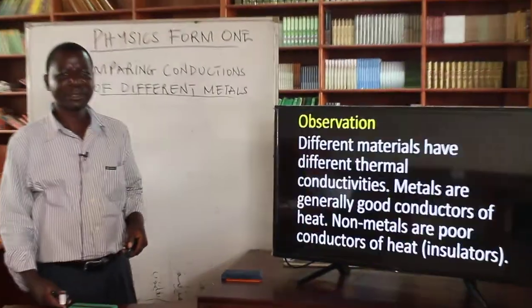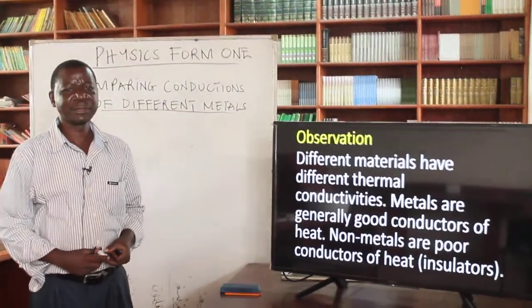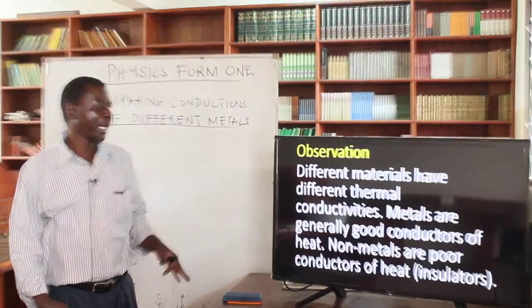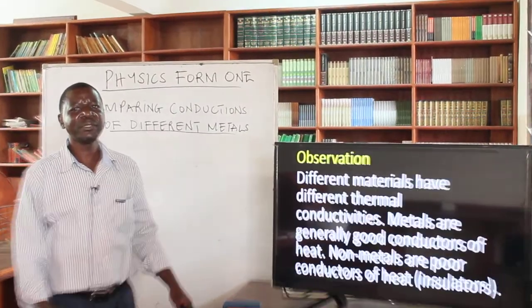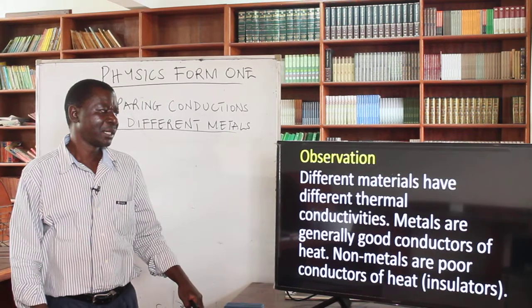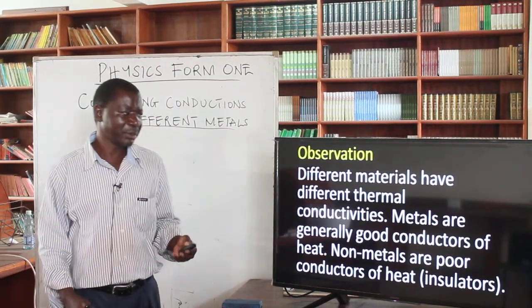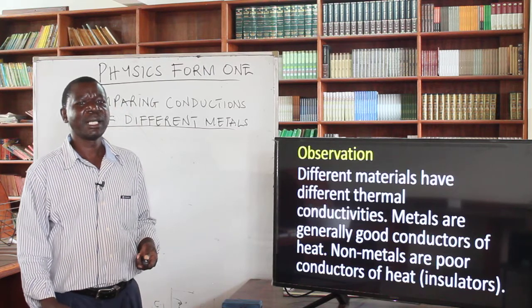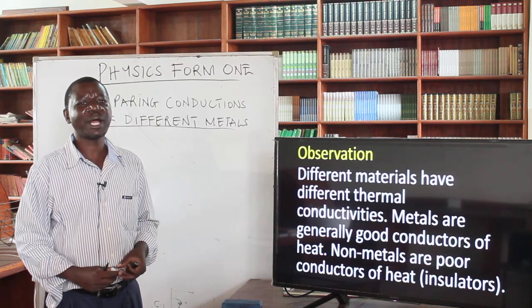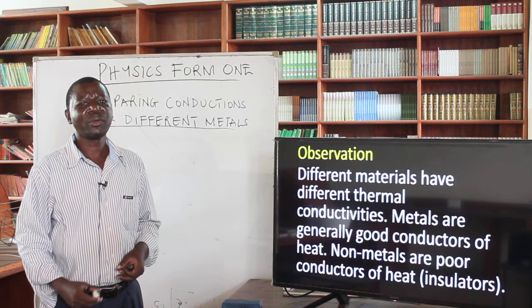Thank you very much. Now, we have seen that we can compare the conductivities of different metals and non-metals. From the observations that we have seen, the different materials have different thermal conductivities.